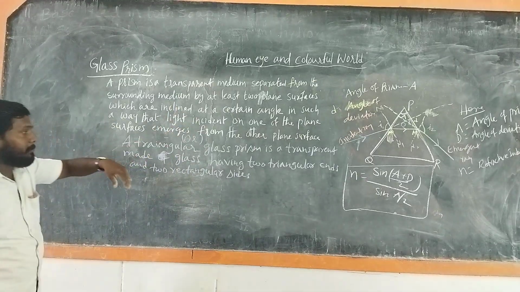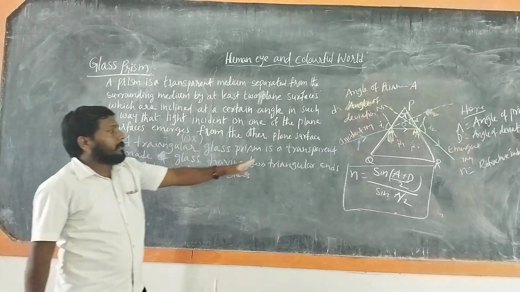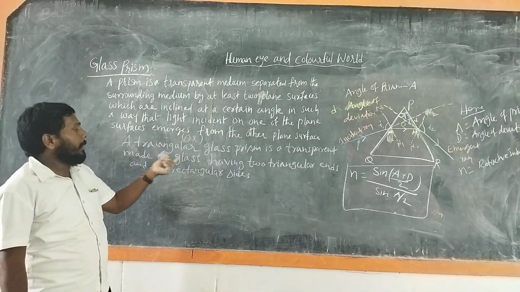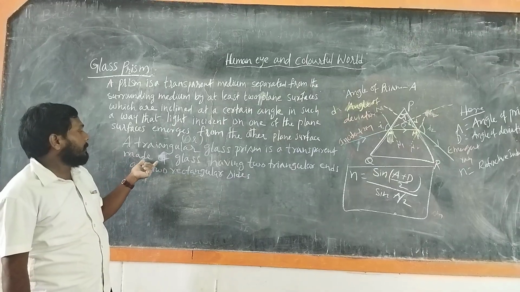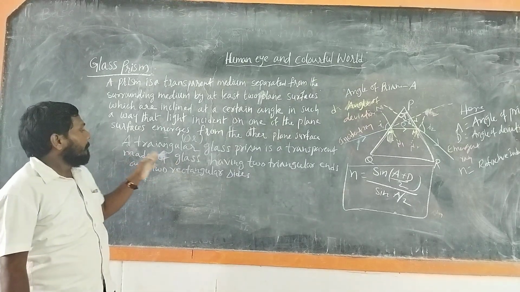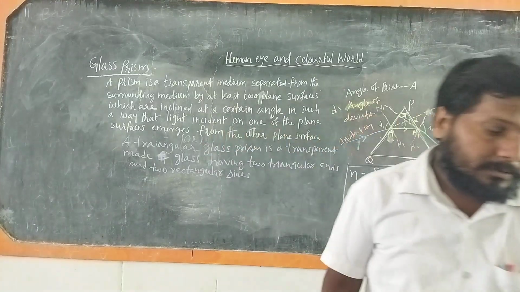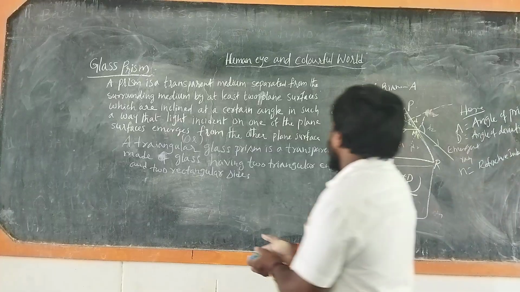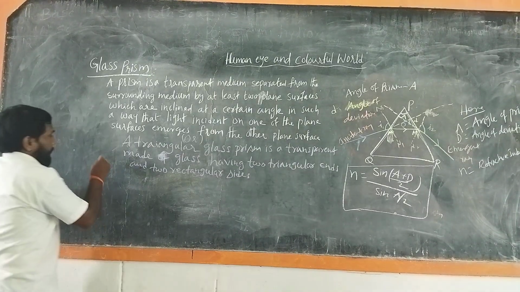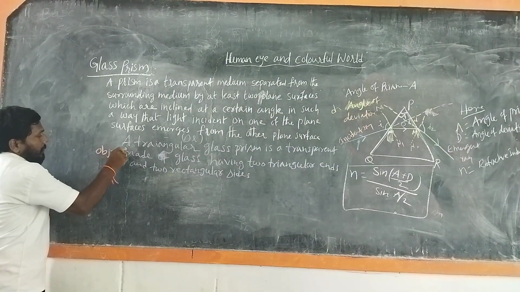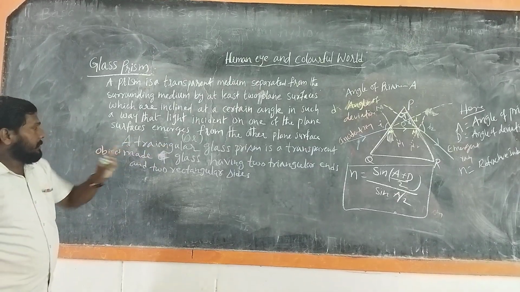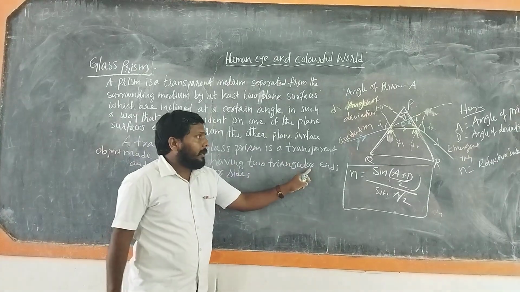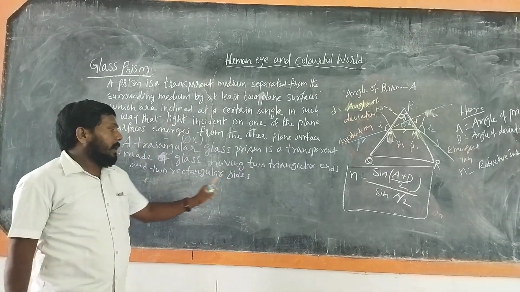So what is a glass prism? A triangular glass prism is a transparent object made of glass, having two triangular ends and two rectangular sides.